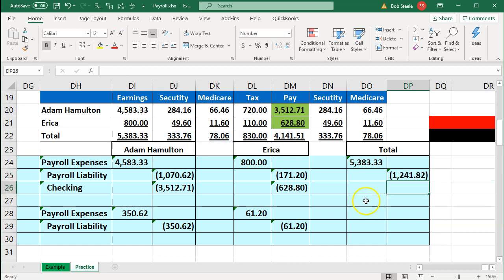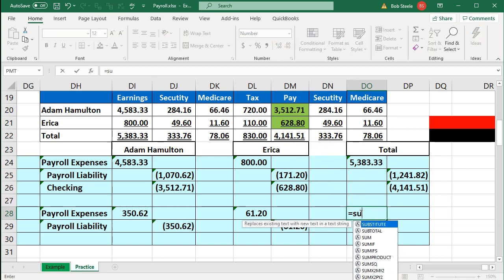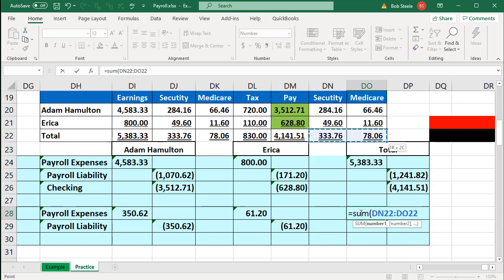And then the difference is going to be the negative sum, the plug formula of these numbers, or the 5,383.33 minus the 1,241.82, or the 4,141.51, which matches our number up here. And then we have to pay the employer portion, which is the sum of Social Security and Medicare on the employer portion side.